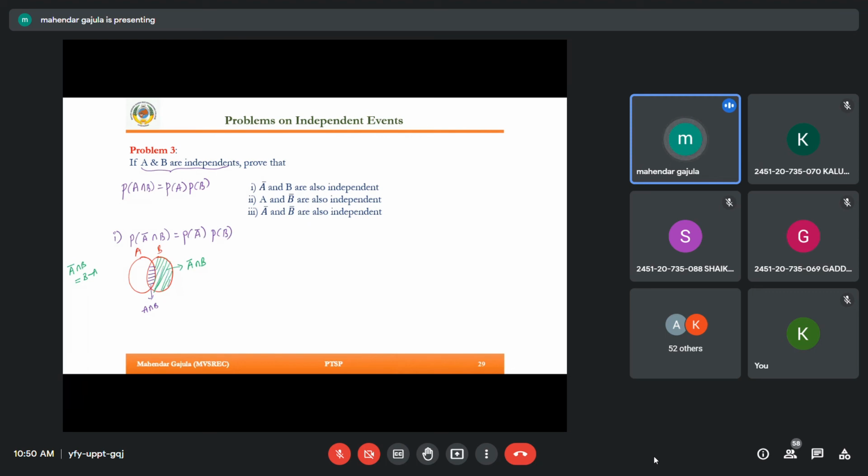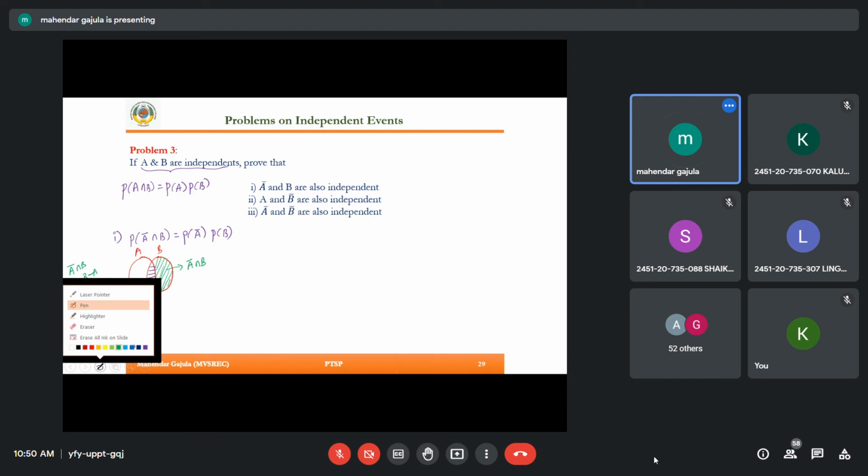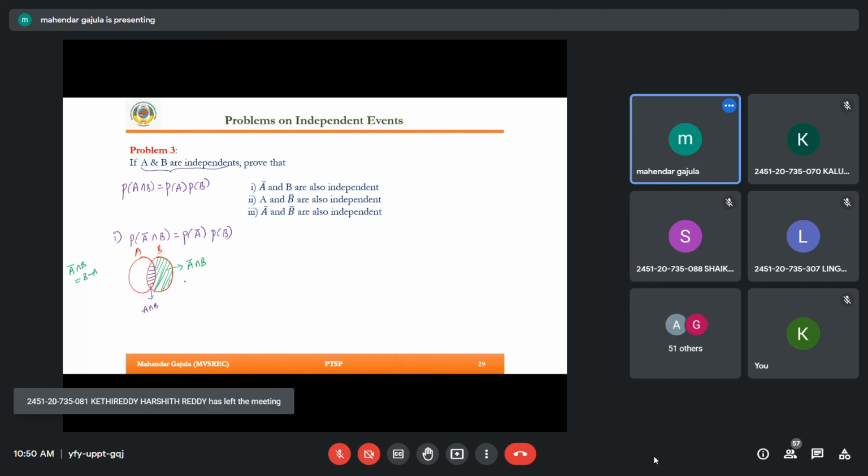Now, can I write B as A intersection B union A bar intersection B?